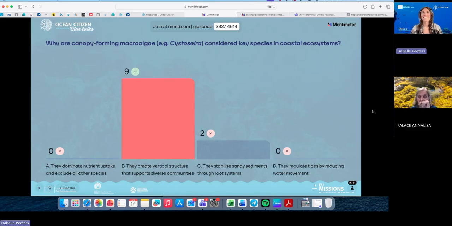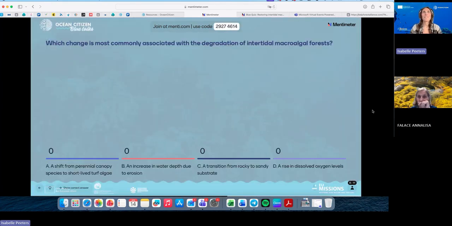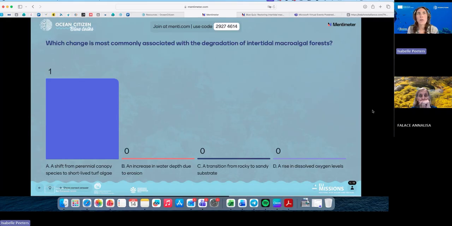Thank you. We can move on to the next question. Which change is most commonly associated with the degradation of intertidal macroalgal forests? Answer A, B, C, or D. Shift from perennial canopy species to short-lived turf algae is option A. Or is it B, an increase in water depth due to erosion?